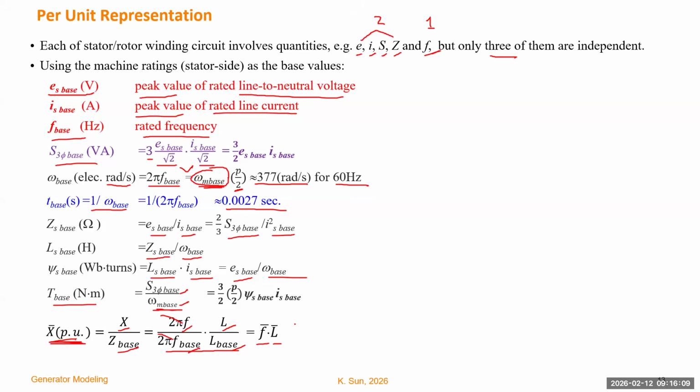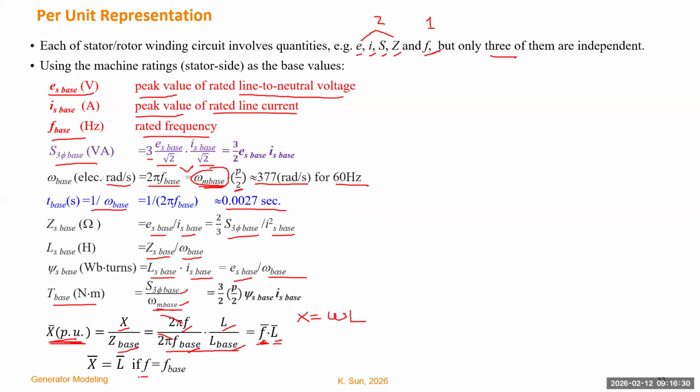This is pretty obvious because usually reactance is defined to be, you must remember this formula, angular frequency multiplied by L. So in per unit, there will be the frequency in per unit multiplied by the inductance in per unit. Here we can have a conclusion.